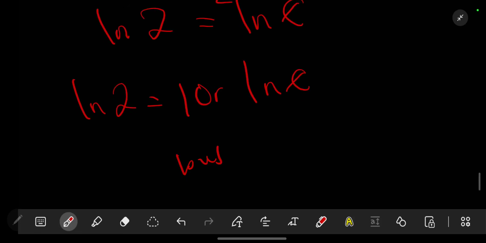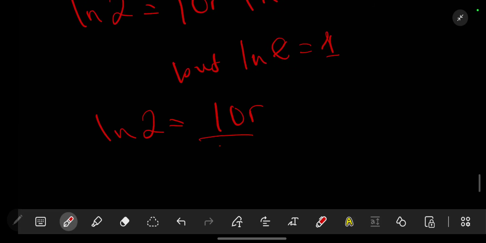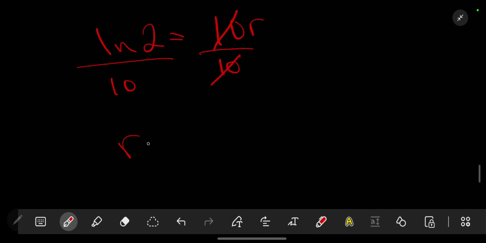We know that the ln of e is equal to 1. So we divide over our 10, like that. So our rate should be equal to the ln of 2 over 10.